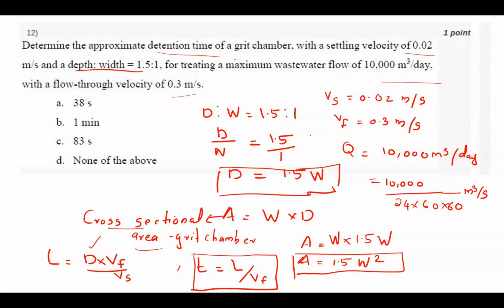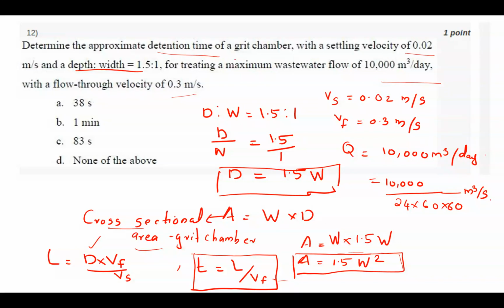You have already calculated the area. So where is the area? You have to calculate area in terms of Q and VF, because here meter cube per second is there.